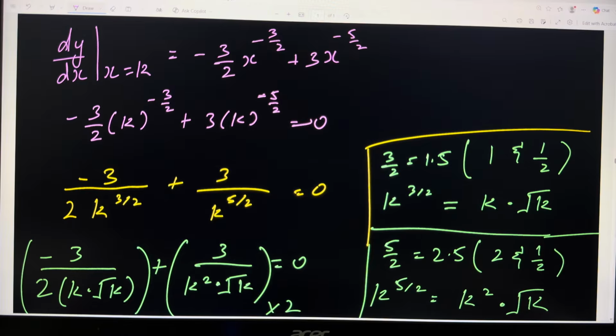We know that x is equal to 2, but we cannot take k, we'll take x.